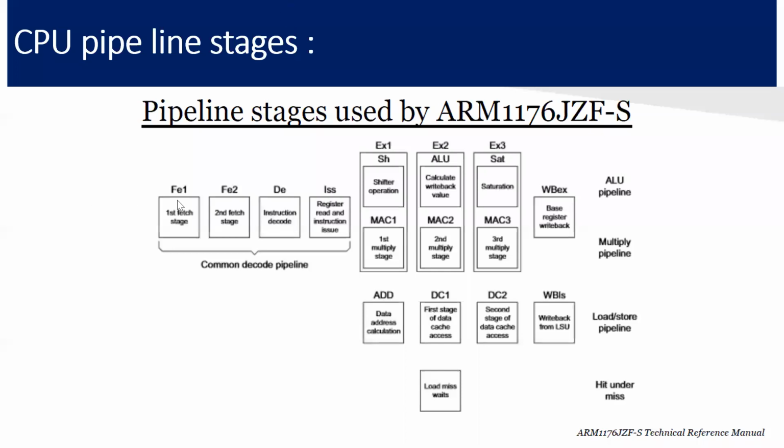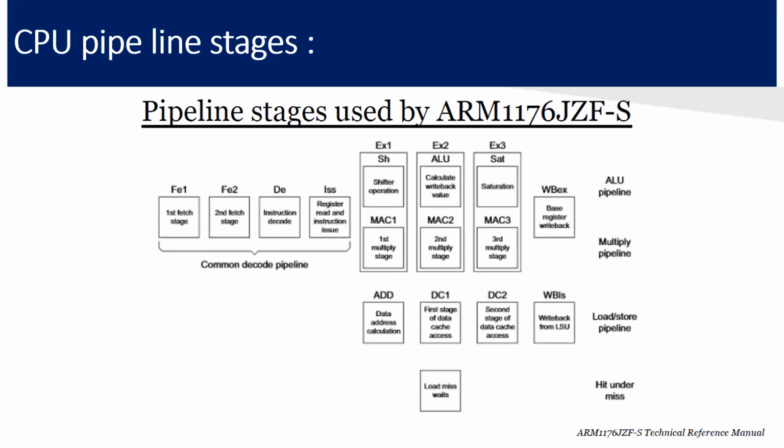Here you can observe FE1 and FE2. These are two fetch stages. Instead of a single fetch stage, two fetch stages have been introduced in this 8 stage pipeline of the ARM 11 core. That means you can fetch more instructions in advance. That is the purpose behind this.